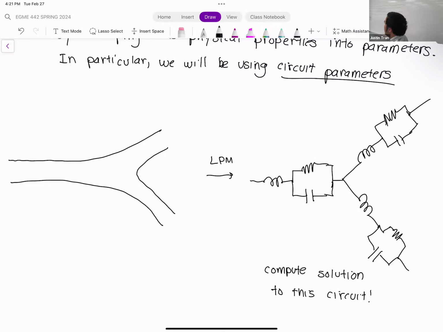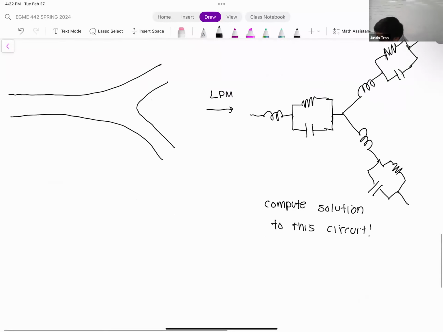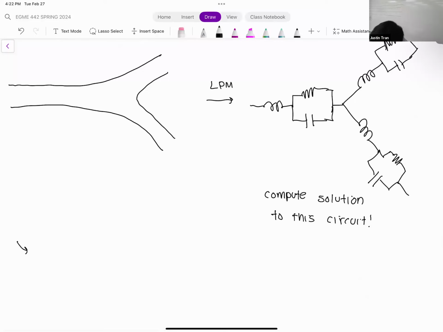So we're going to incorporate not only resistors, but inductors and capacitors as well, and then apply that to fluid mechanics. Okay. All right. So why are we using circuits, right?